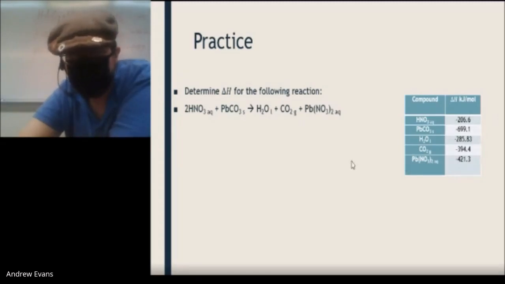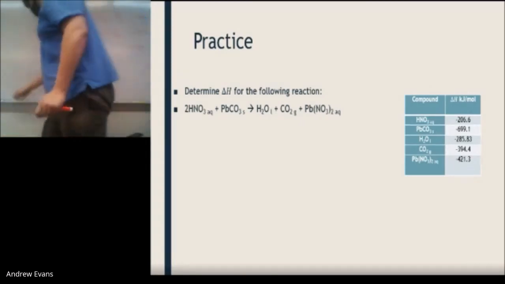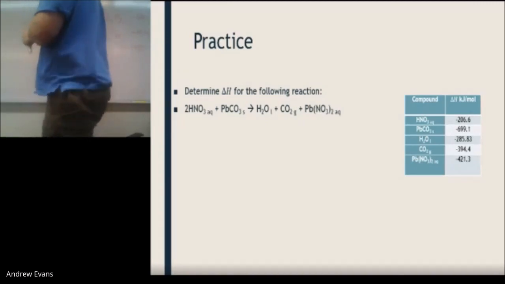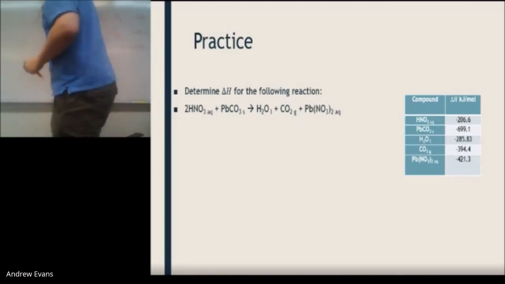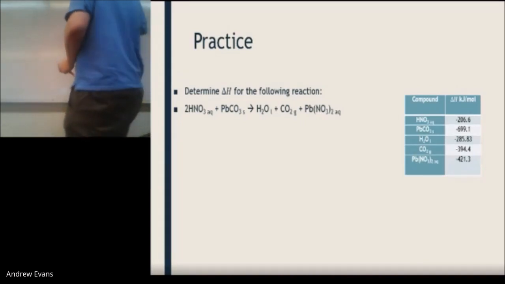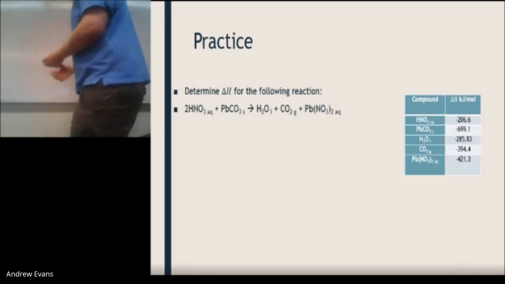So looking this up, let's do the products first. I'm going to see if this marker is any good. Yeah, it might be okay. I'll write this down before I switch it over. So, products.